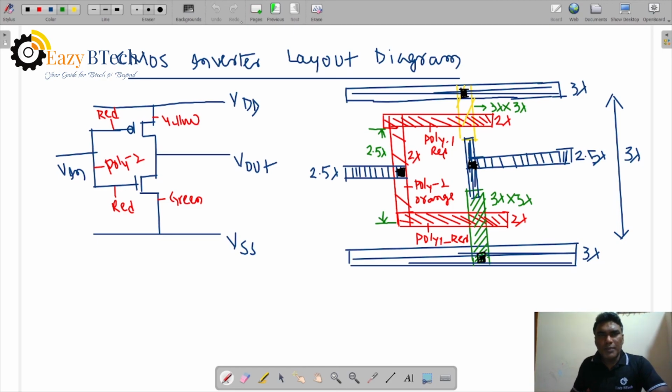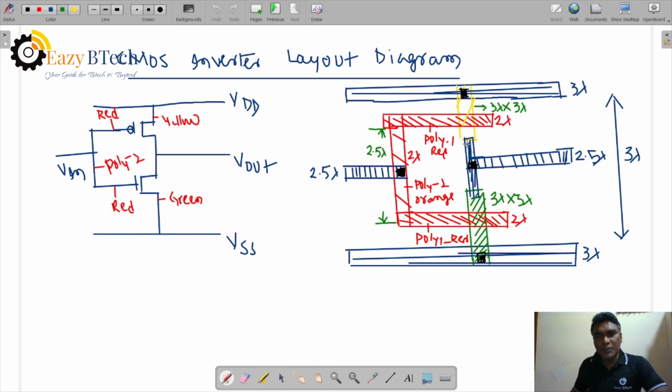Let us represent another one. As the circuit is here, according to the circuit we can draw with layers and dimensions, length and width. How much length is required? How much width is required? For this NMOS design, how much diffusion length and width? How much polysilicon length and width?